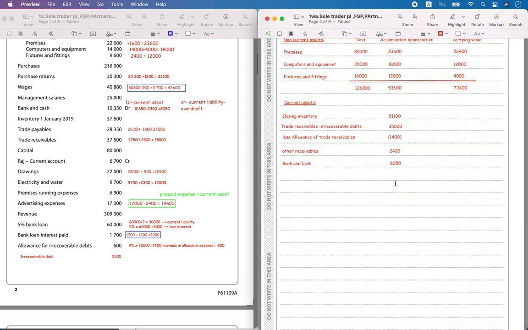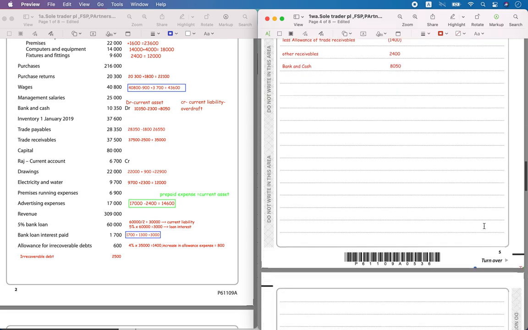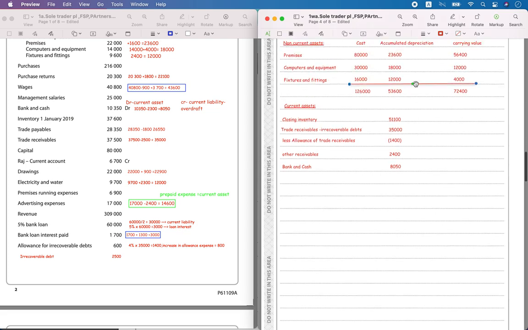Now let's add up these. So the inventory plus trade receivables less allowance for irrecoverable debt, that should be around, so let's add up 51,100 plus 35,000 minus 1,400 first.